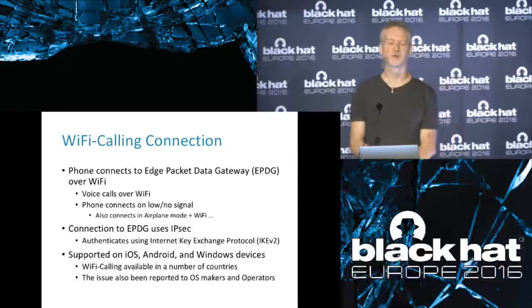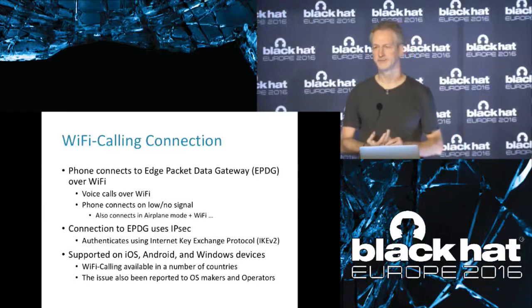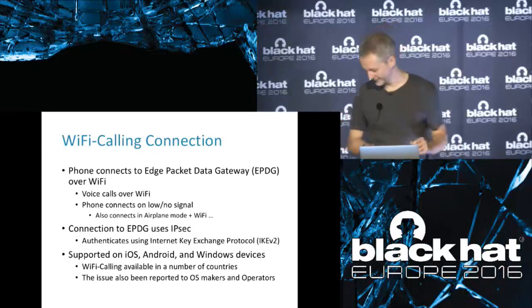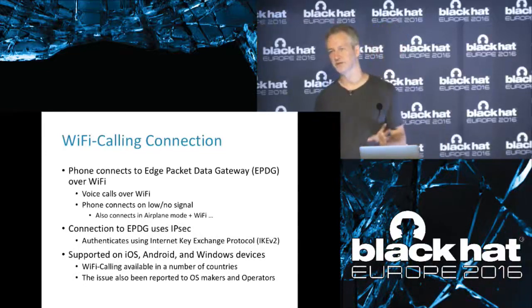So moving on to the next one, the Wi-Fi calling connection. What happens here? When a phone is using Wi-Fi to make a call, this is the Wi-Fi calling that's built into the OS typically. iOS has had it for a while, and I believe Android has had it for a while, and I think Windows has had it too.